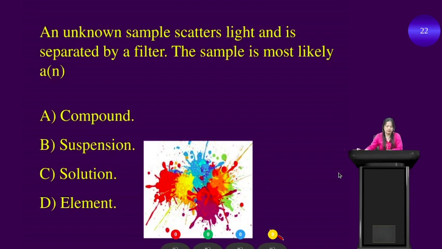An unknown sample scatters light and is separated by a filter. The sample is most likely option A, compound; option B, suspension; option C, solution; option D, element. Which option is the correct answer?